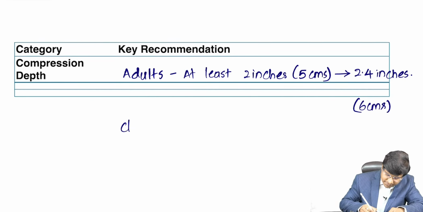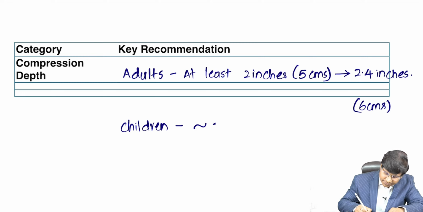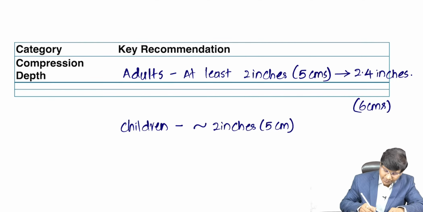Whereas in children, the compression depth should be around 2 inches, which is around 5 centimeters.